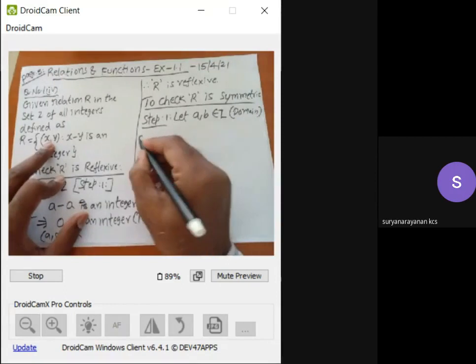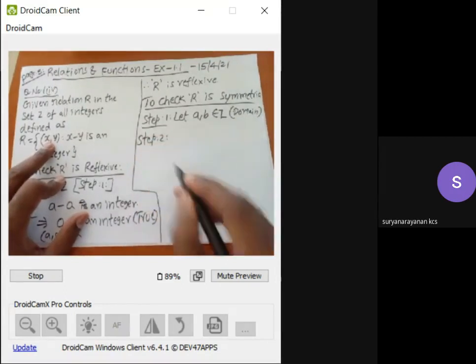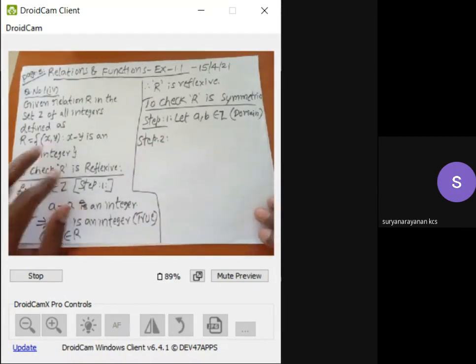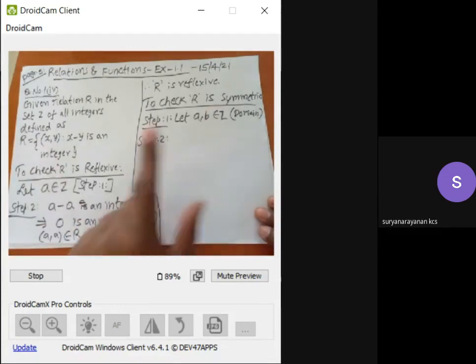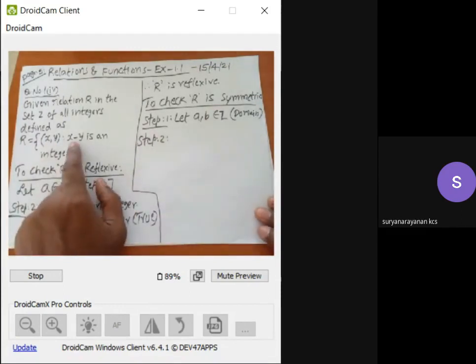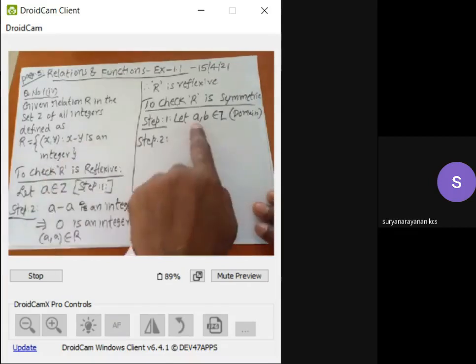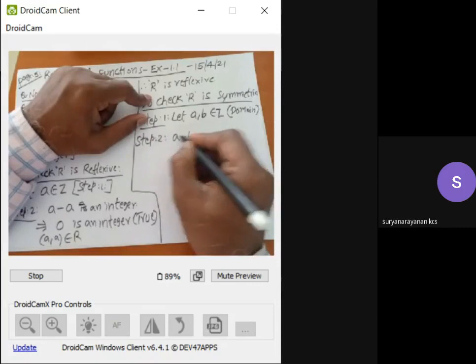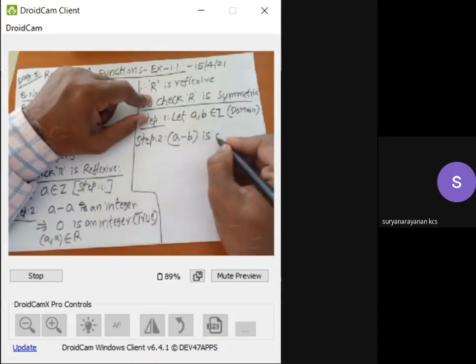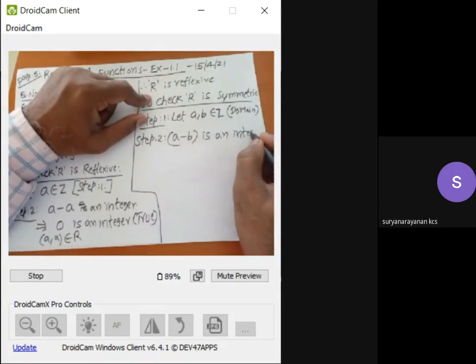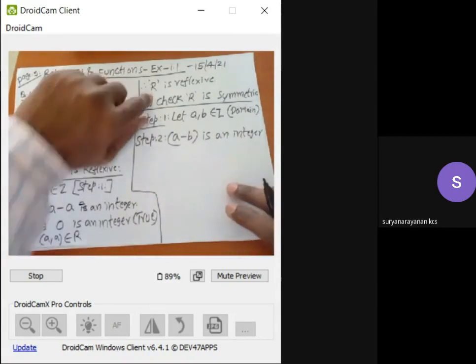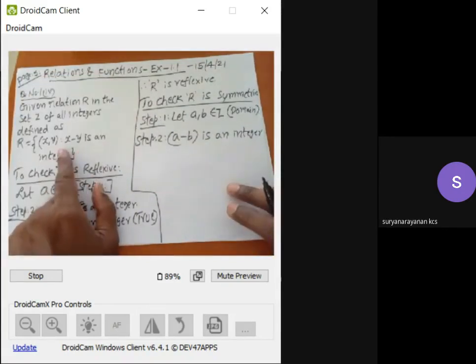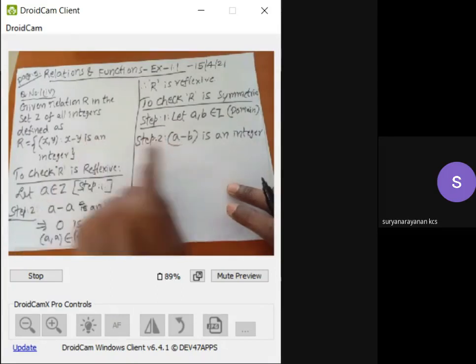Next, step 2. What we followed in the previous relation, here also we write the same. What is the relation? x minus y is an integer. Now, in the place of x we write a, and in the place of y we write b.